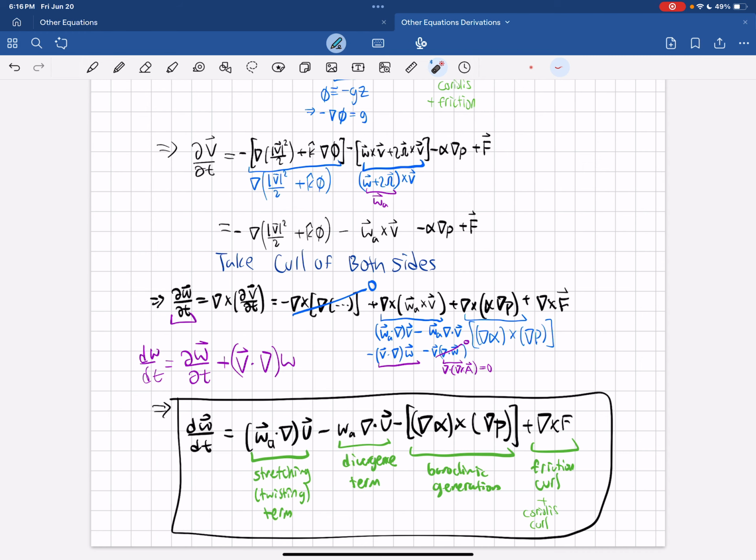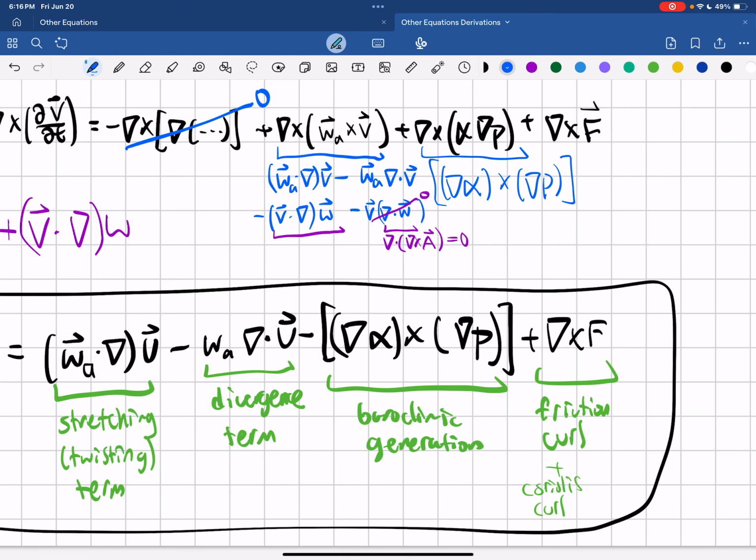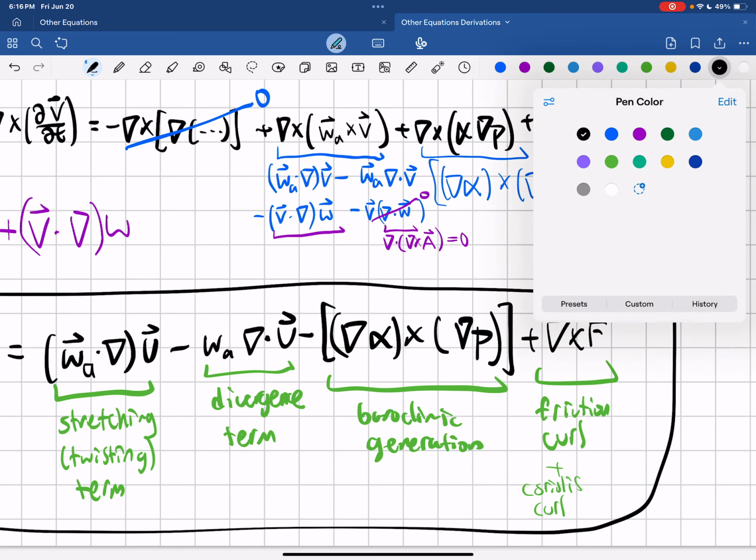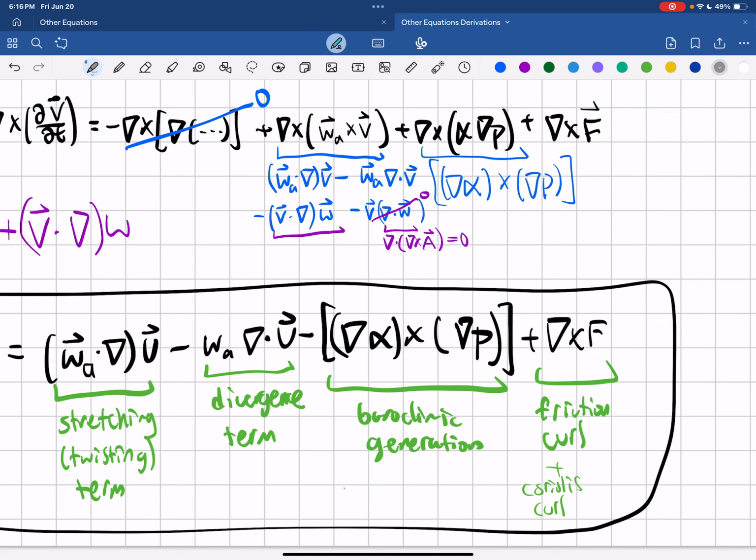And the reason for that is because if you have a curl of two vectors, it's equal to, by the definition of curl, the magnitude of A times the magnitude of B times sine of theta, where theta is the angle between A and B. So if you remember sine of 0 is equal to 0, and then sine of 90 degrees is equal to 1.